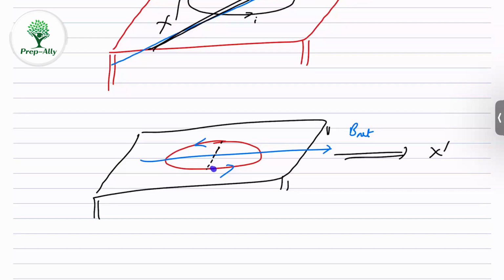What is the direction of force on this half? Downwards. And this one? Upwards. So this is pulled upward, this is pushed downward. So this wants to lift up, this wants to go down. This can't go down, but this can be lifted.